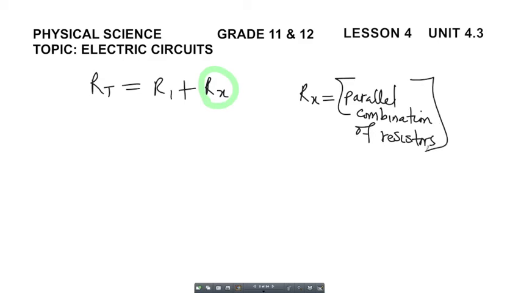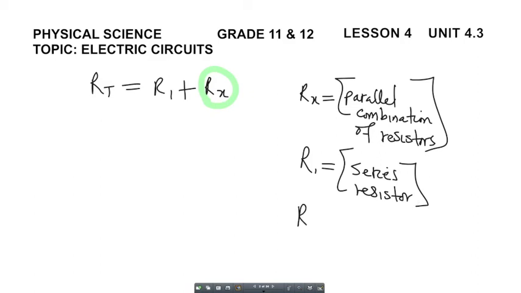And then from here, the R1 equates to a series resistor, and then lastly the RT for the entire circuit.